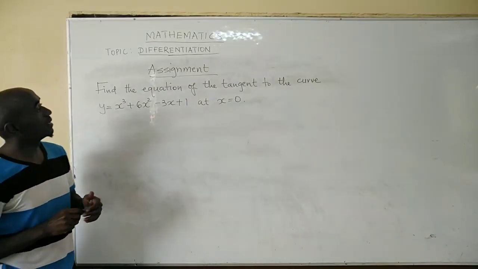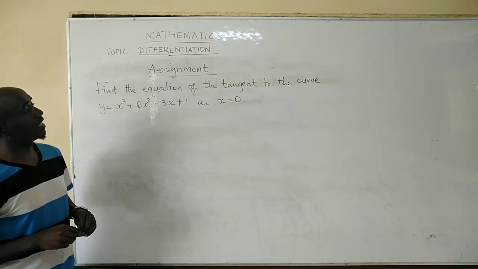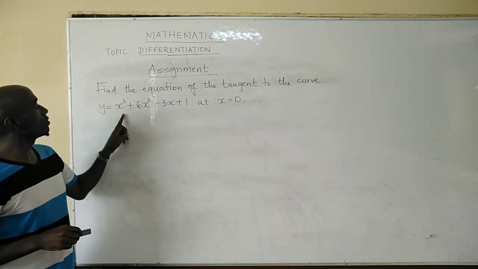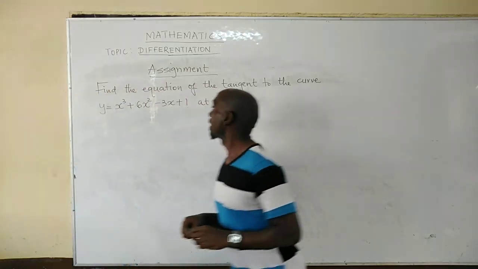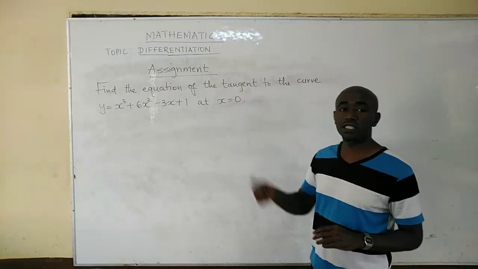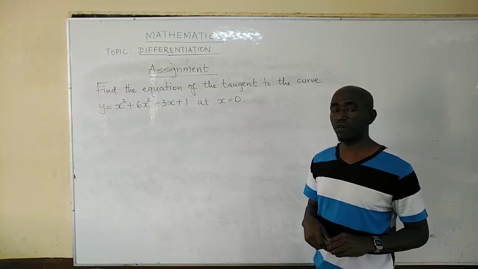That is the assignment. Find the equation of the tangent to the curve y is equal to x cubed plus 6x squared minus 3x plus 1 at the point where x is equal to 0 on the curve.